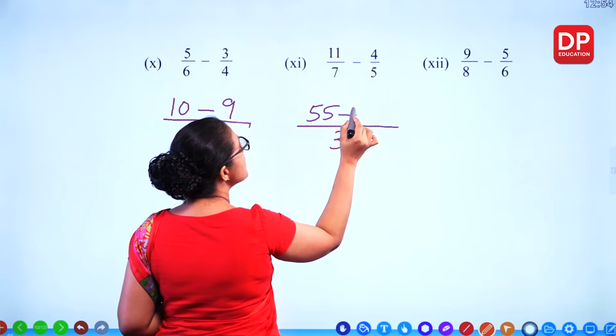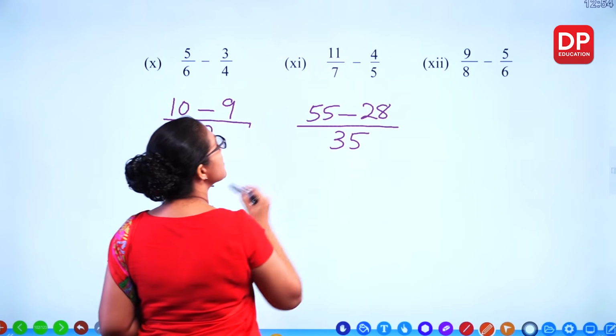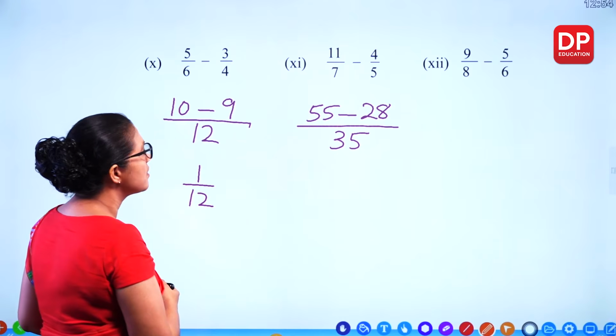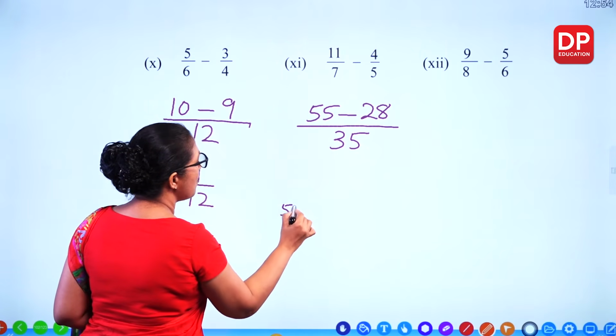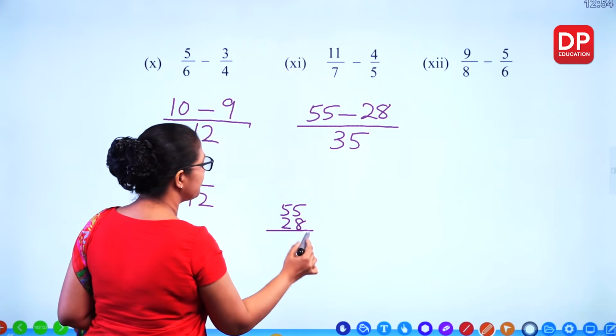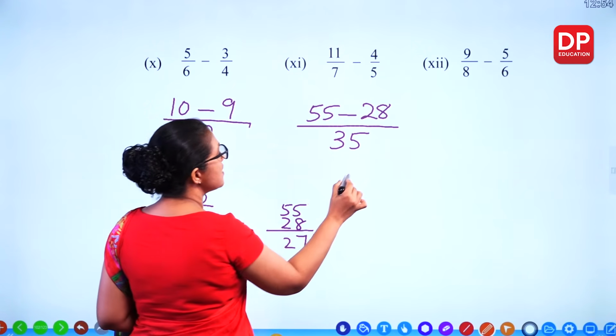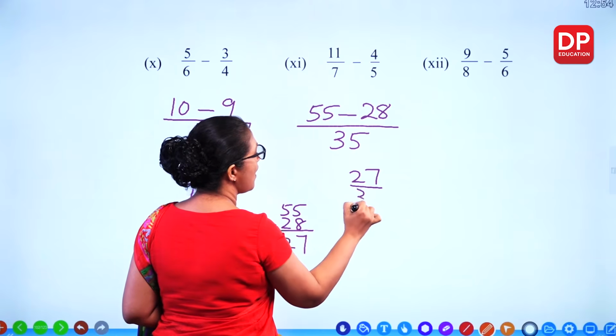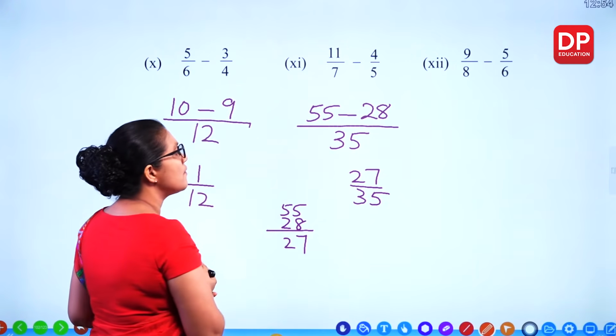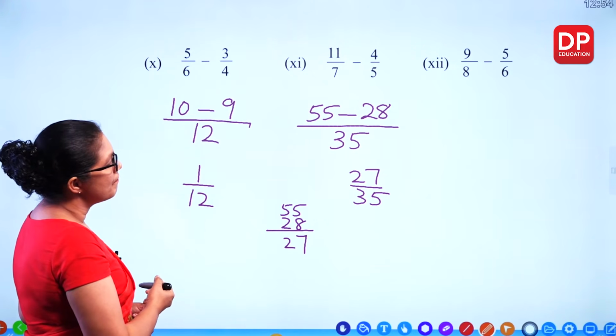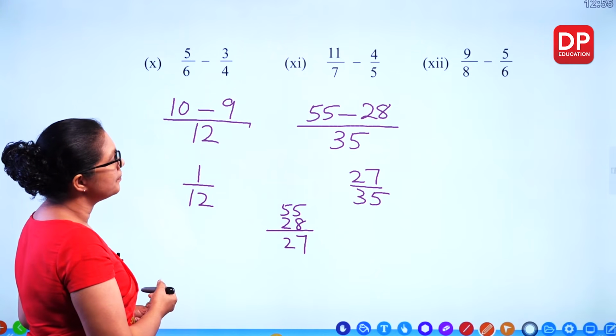Multiply this by 7, 28. Now subtract 55 minus 28. You get 27 over 35. Can we simplify? We can't simplify further.